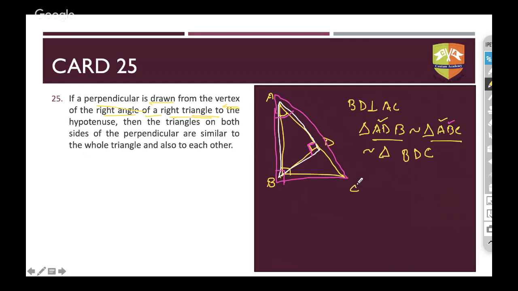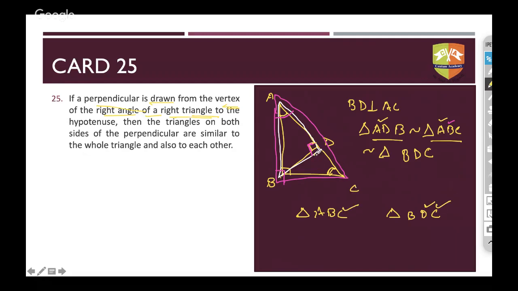Now, between ABC and CDB, same thing happens. So we are saying triangle ABC and triangle CDB, these two. All right. So hence common angle is C, both, and D is perpendicular.